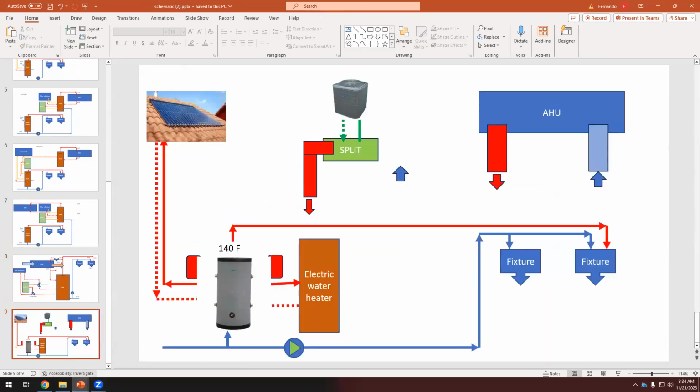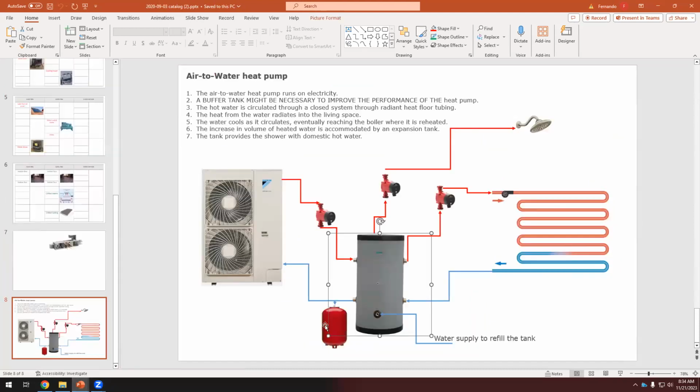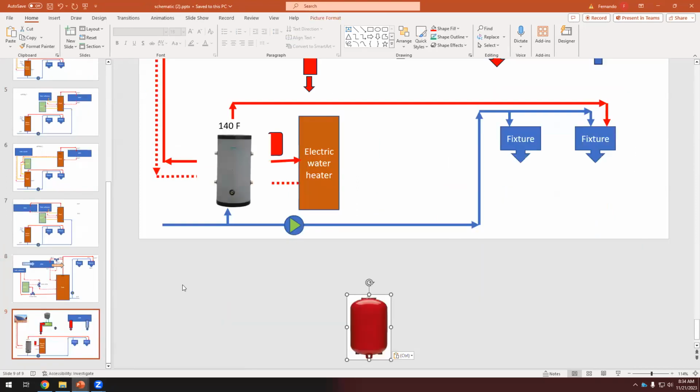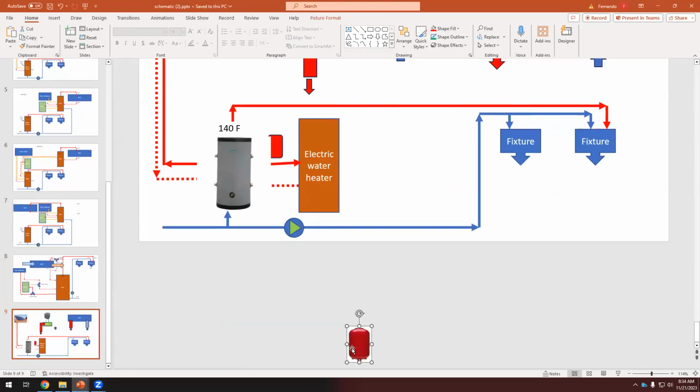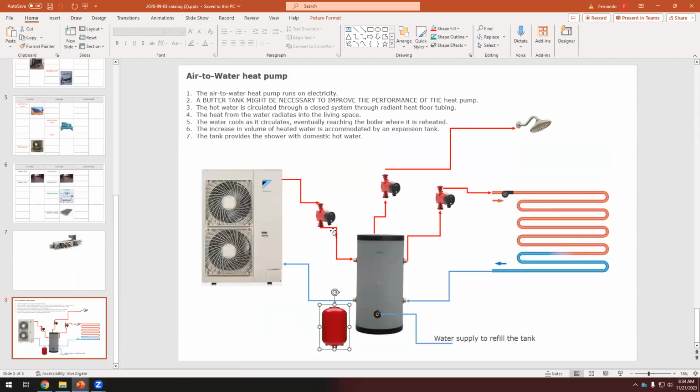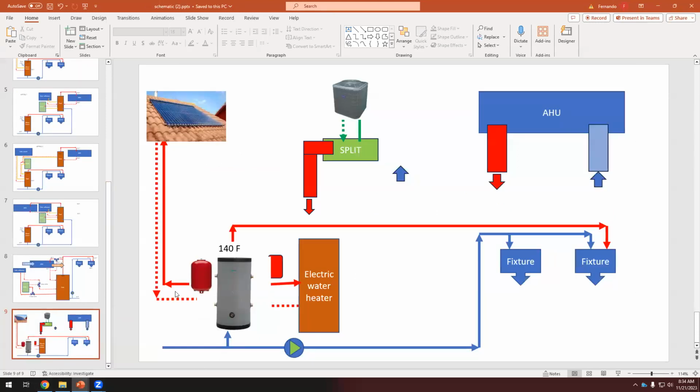We do have expansion tanks here too. So they're expansion tanks. We do have water pumps like this. Every time we have to pump water, there should be a water pump.